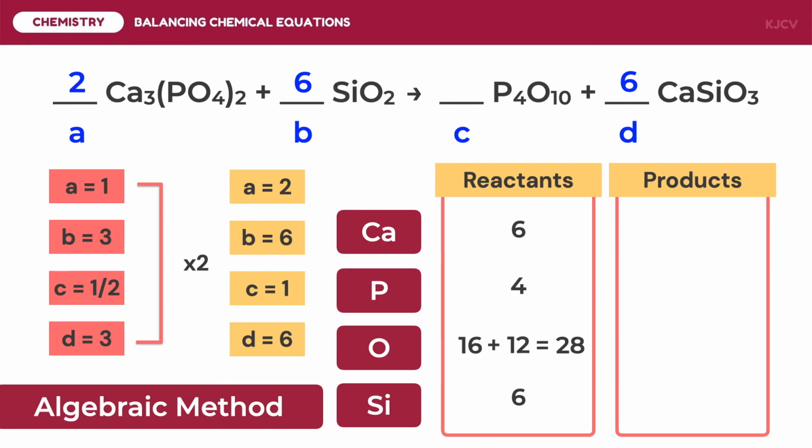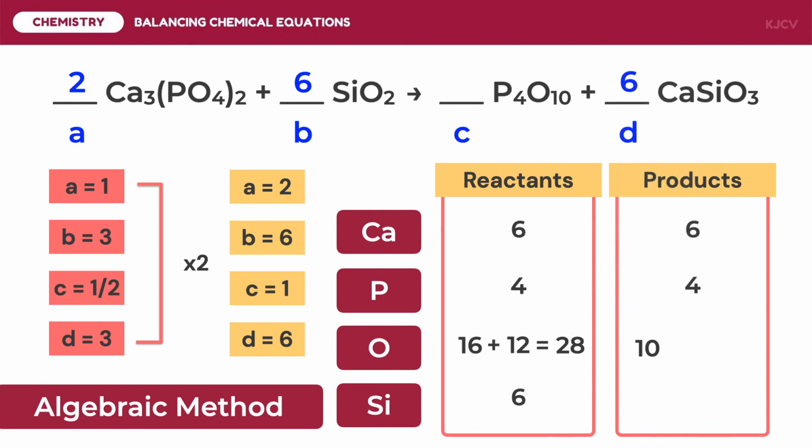Since we are done with the reactant side, let us now count the atoms on the product side. The first substance, tetraphosphorus dicoxide, having a coefficient of 1, will give us 4 phosphorus atoms. The same substance will give us 10 oxygen atoms. Lastly, calcium silicate, having a coefficient of 6, will give us 6 calcium atoms.